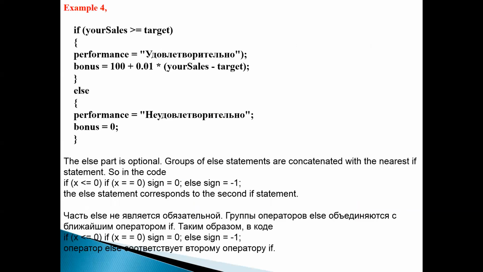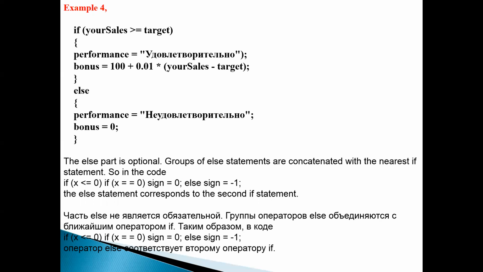In this slide, you can see slide example number 4. Please look carefully. Programming code. The else part is optional. Yes, an else statement is associated with the nearest if statement.